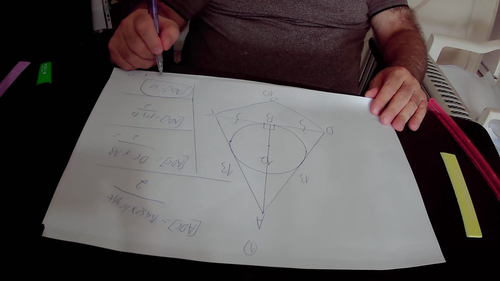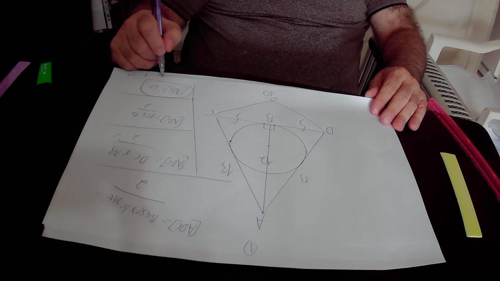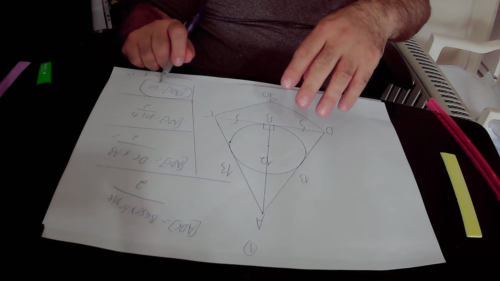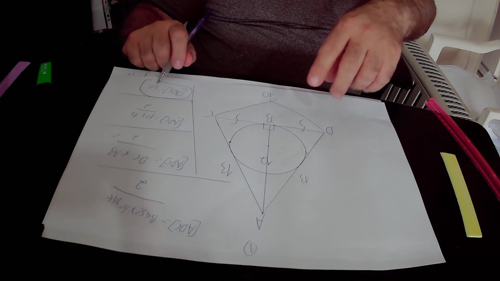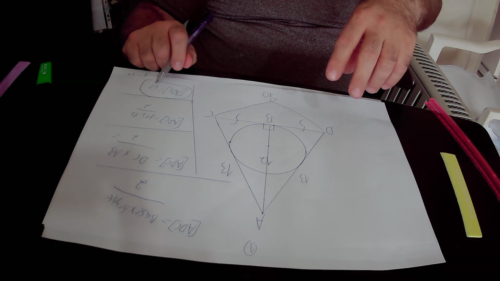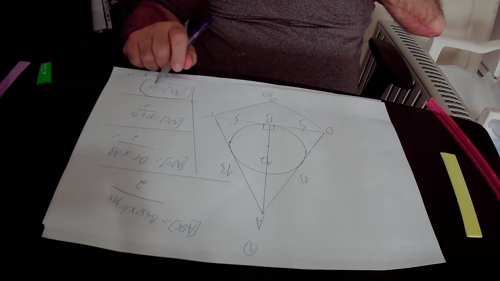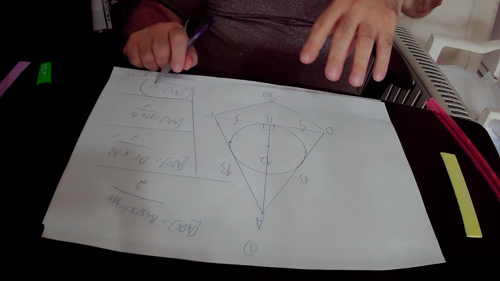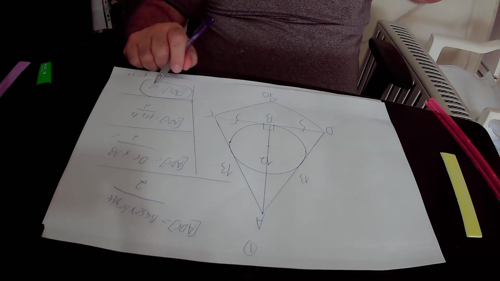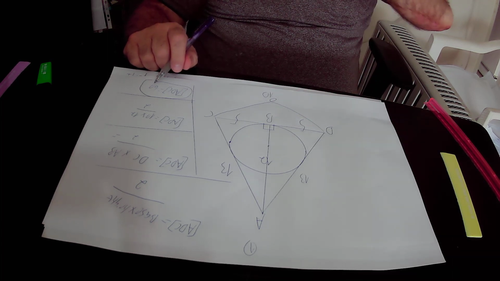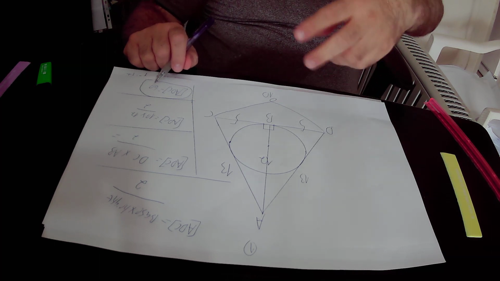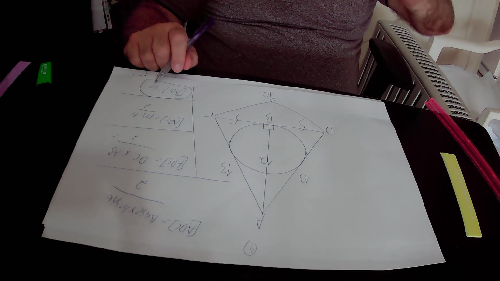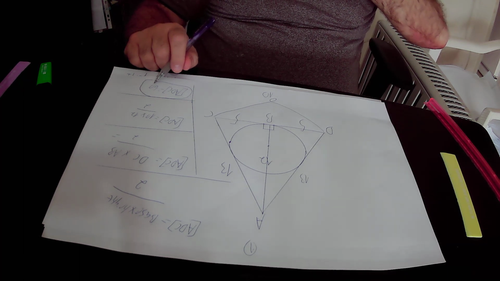And then we know that the radius of any circle that is inscribed by a triangle is equal to the area of the triangle that blocks the circle over the semi-perimeter of the triangle that blocks the circle. Okay?